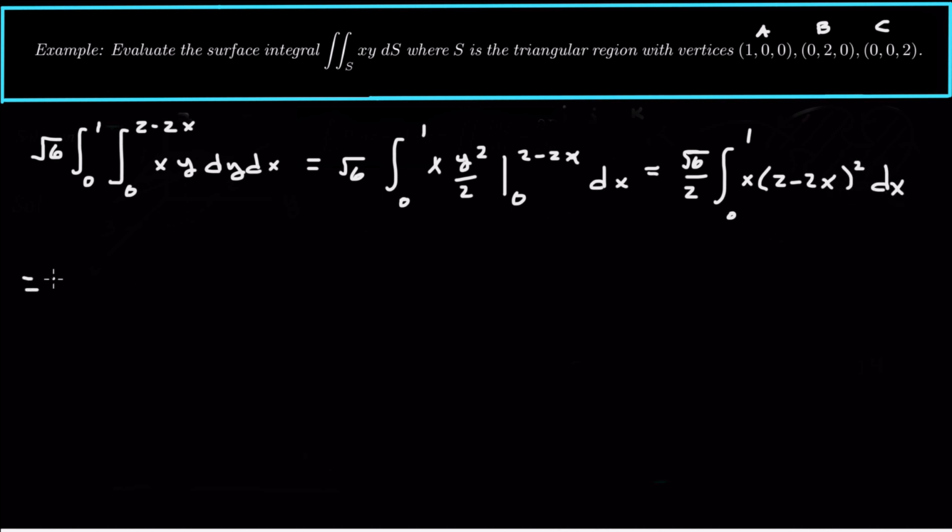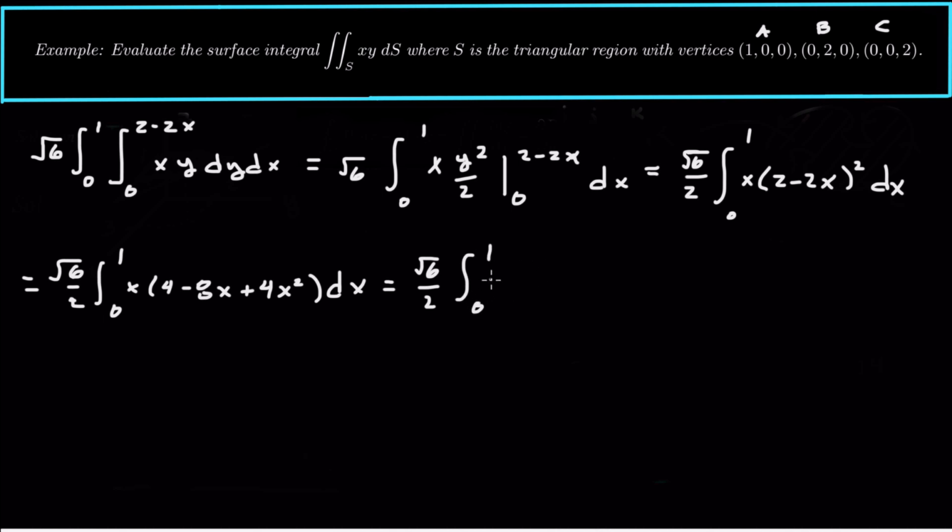If I multiply that out, that's x times (4 minus 8x plus 4x squared) dx. And now distribute the x, so this is square root of 6 over 2, integral 0 to 1, 4x minus 8x squared plus 4x cubed dx.